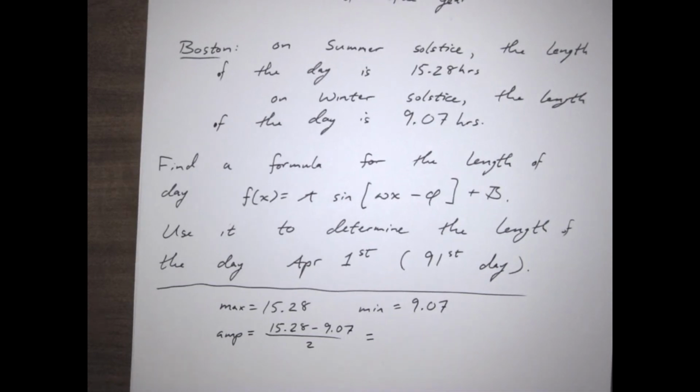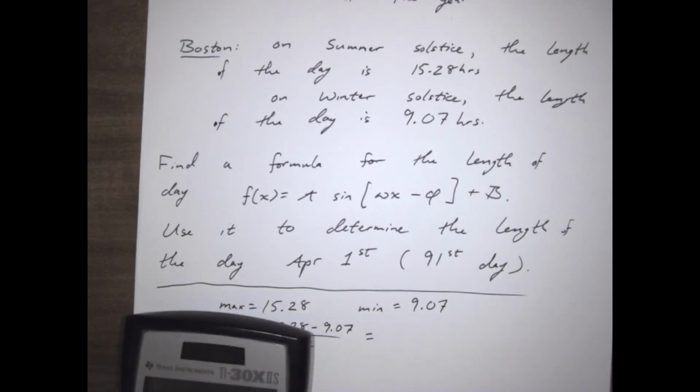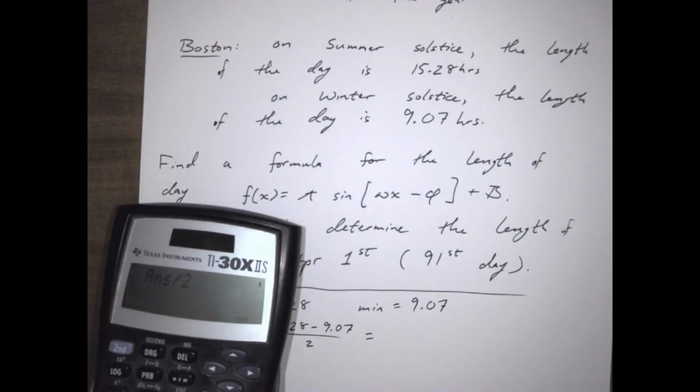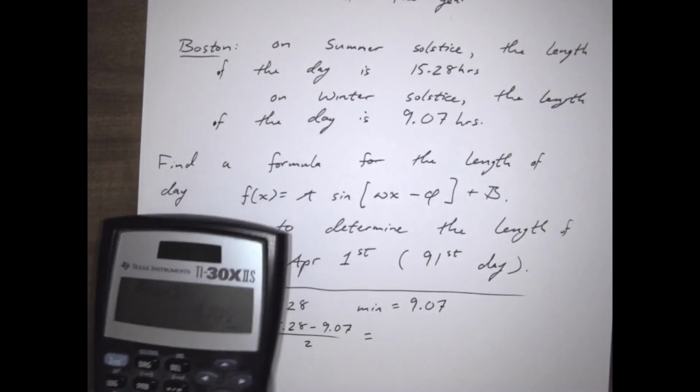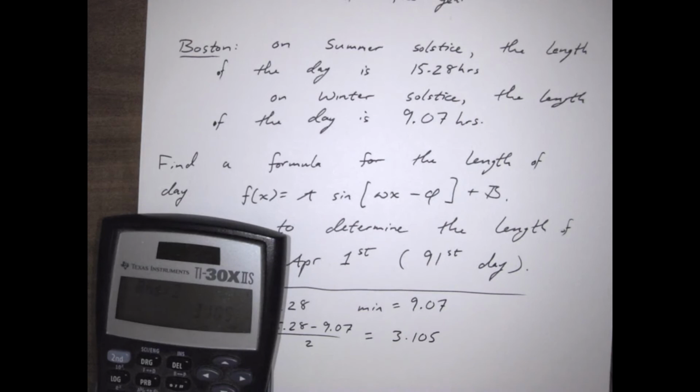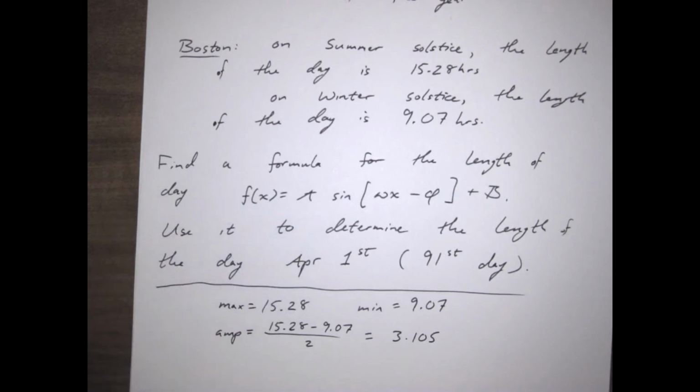And a quick calculation will tell us 15.28 minus 9.07, enter, and then divide by 2. Rather than using parentheses, I just did it in 2 steps. So it's 3.105. Okay, that is the amplitude.